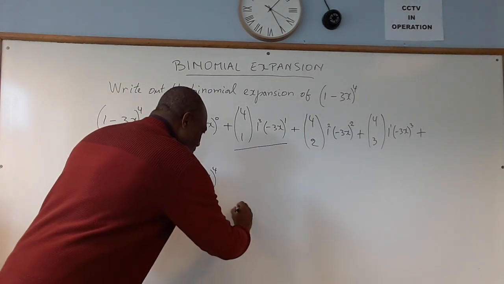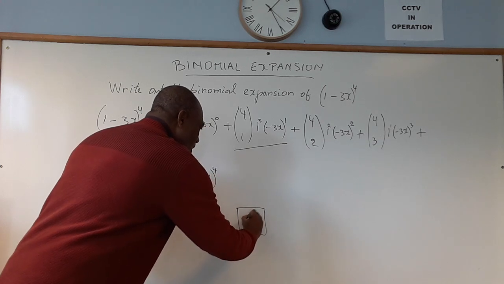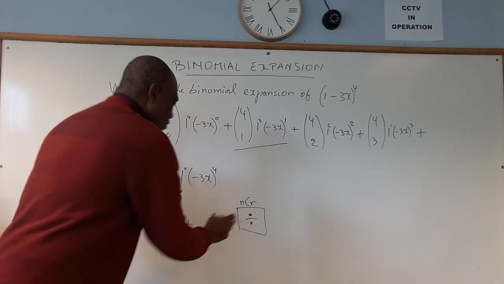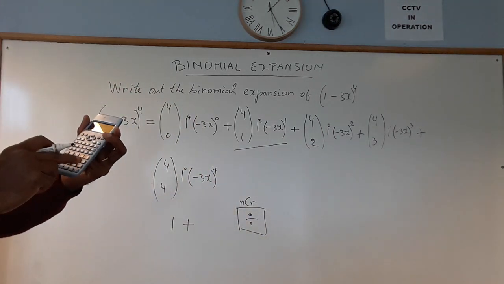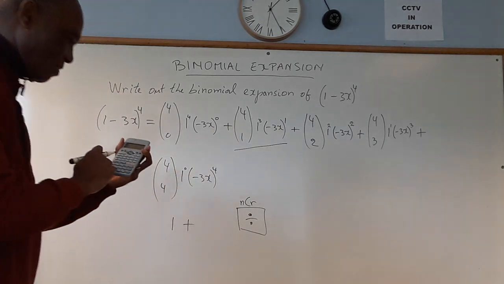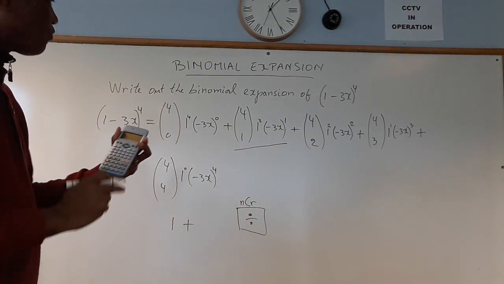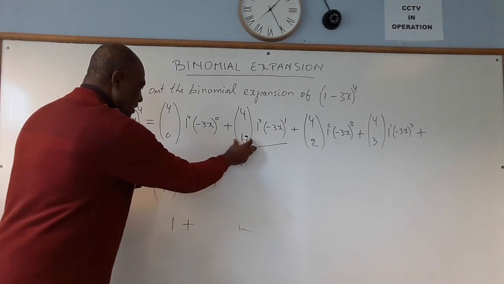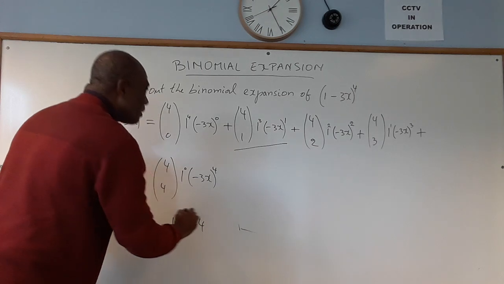So the same, I repeat, same when you see this and the NCR. So we press that button there, press it, and then we enter 1. This will give 4. So this bracket gives us 4.